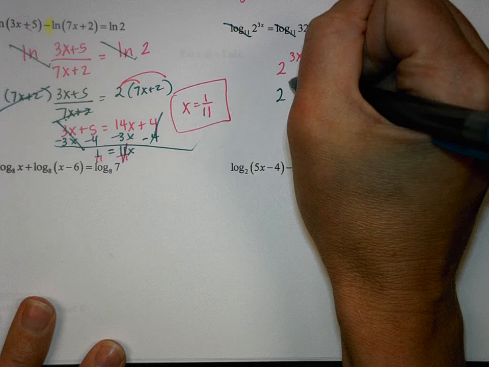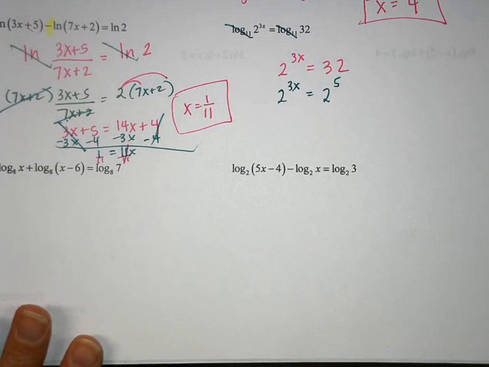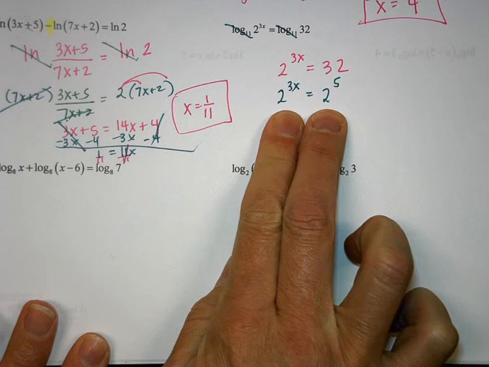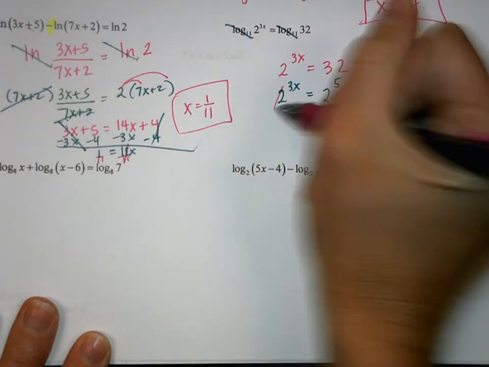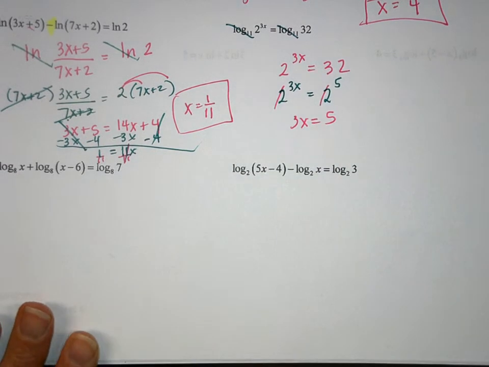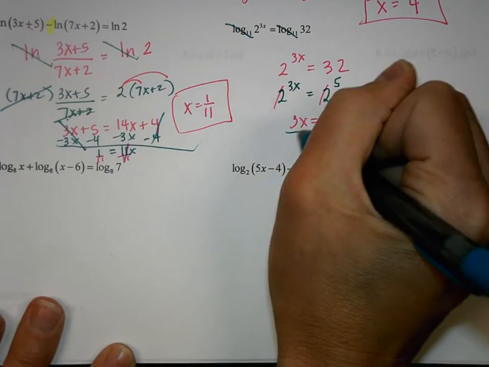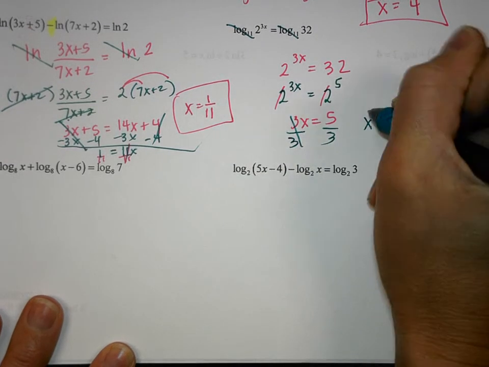So I have 2^(3x) = 2^5. Since I have like bases, what can I do? Very good. Cancel out the bases and we get 3x = 5. And then the last step would be to divide by 3, and x = 5/3.